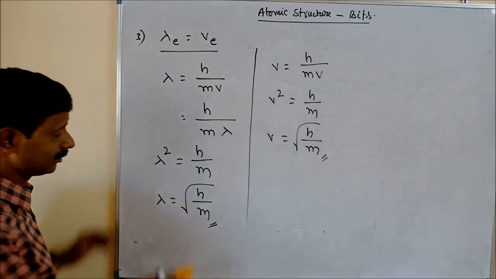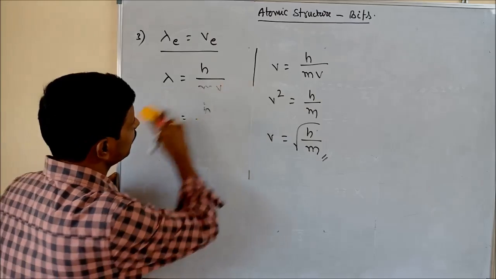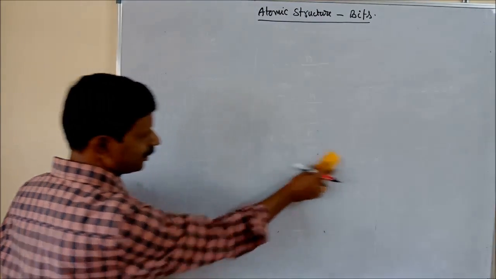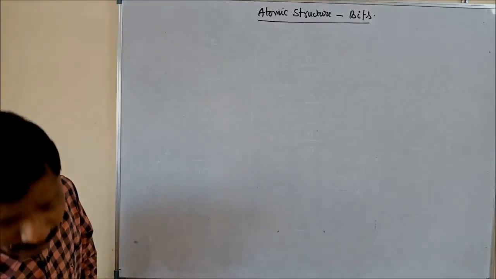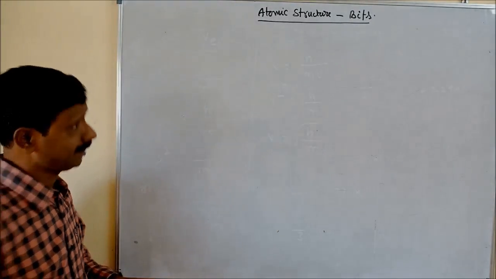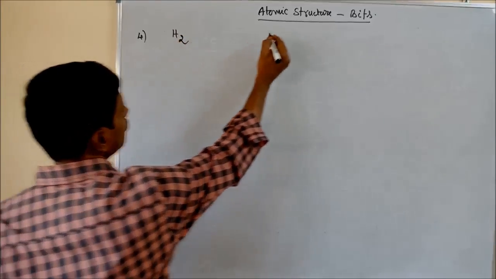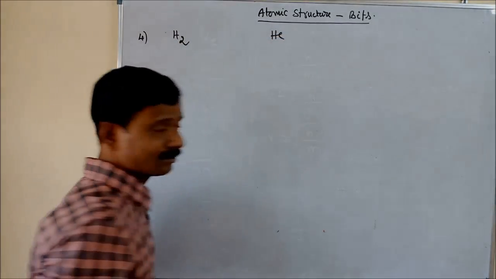And next, another one based on the same, that means de Broglie. Here there is a hydrogen molecule and a helium atom. So this is the H2 molecule and the helium atom.